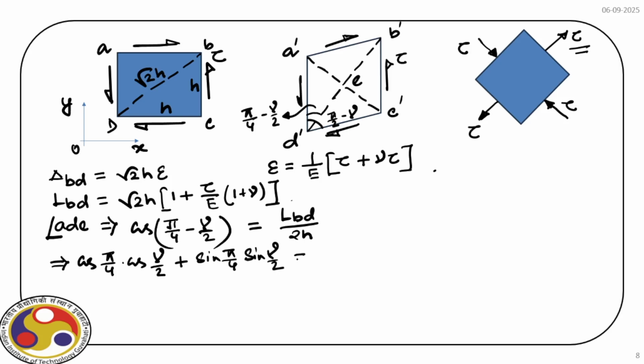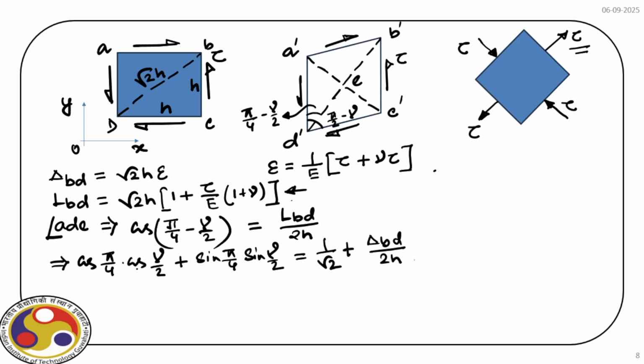This is equal to, we can put the expression of L BD from the equation we have already derived, and then what we'll get is 1 by square root of 2 plus delta BD divided by twice h.